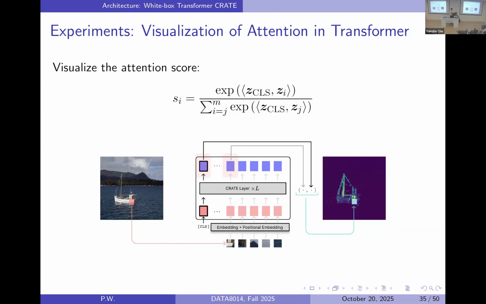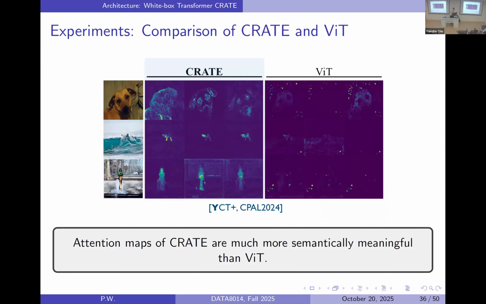So we further do a comparison of the semantics of CRATE with the semantics of ViT. You can see here, like for some dogs, the CRATE result is very clean, the framework of the dog images.